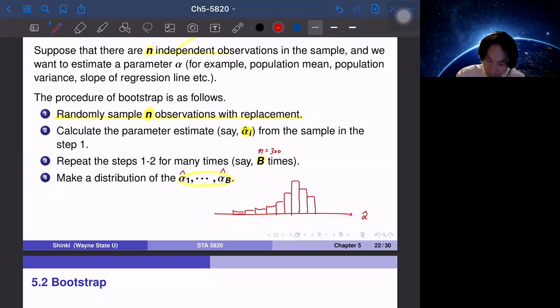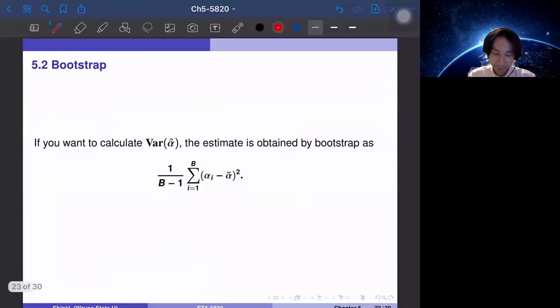So you can think about just the mean of alpha hat, or the variability of alpha hat, or the distribution of alpha hat. Then we can calculate the variance of alpha hat by the sample variance of these alpha hats.